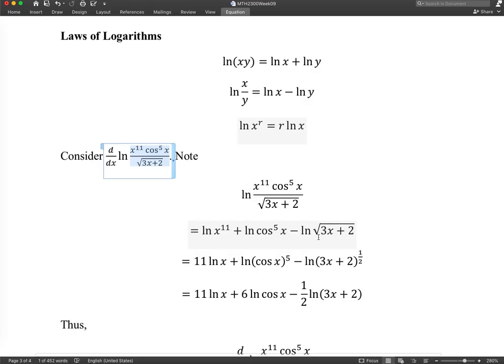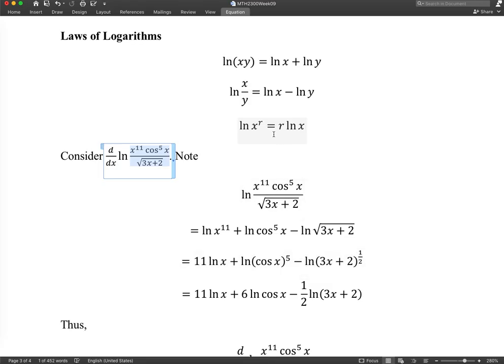And then ln of a square root. You may want to say a square root is not a power, but I hope you still remember, when we have a square root in calculus, we consider that to be a power of 1/2.